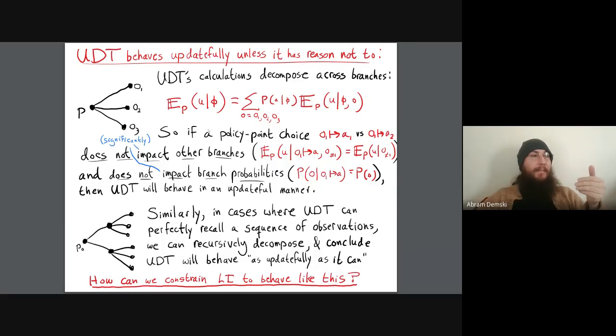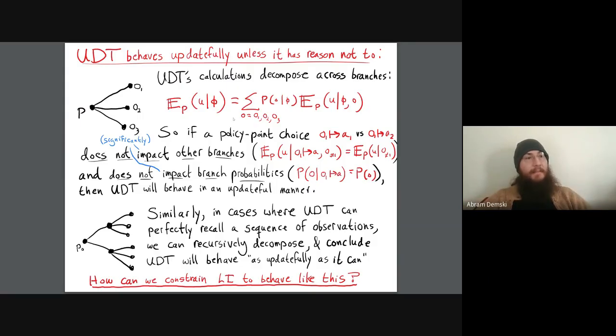And then the impact on the expected utility of other branches, so here O1, O2, and O3, we can call that the acausal impact, because we're influencing these parallel universes in this acausal way.